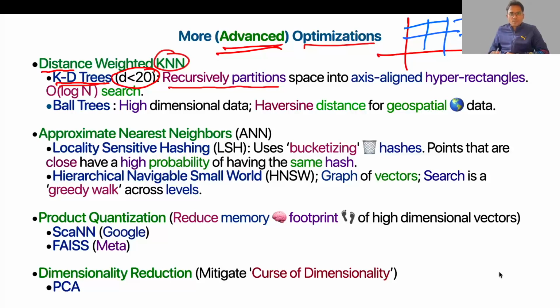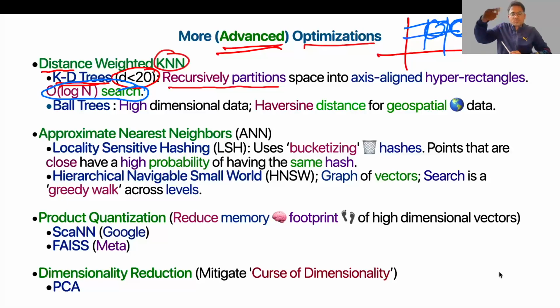And it will consider each hyperrectangle as different, and we'll see whether the neighbor falls in this rectangle or not. Okay, and this distance will be measured like this. So this is your KD tree. And because of the tree data structure, all the searches will now be O(log n) search. So the search space will be divided into these hyperrectangles.